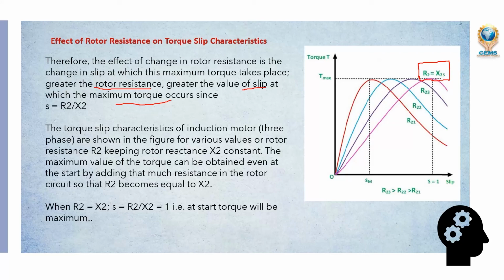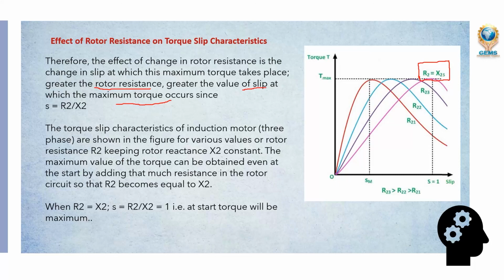For various resistances, it is given here. The maximum value of torque can be obtained even at the start by adding much resistance in the rotor circuit. So by adding resistance we can increase the starting torque, at the time of starting also.